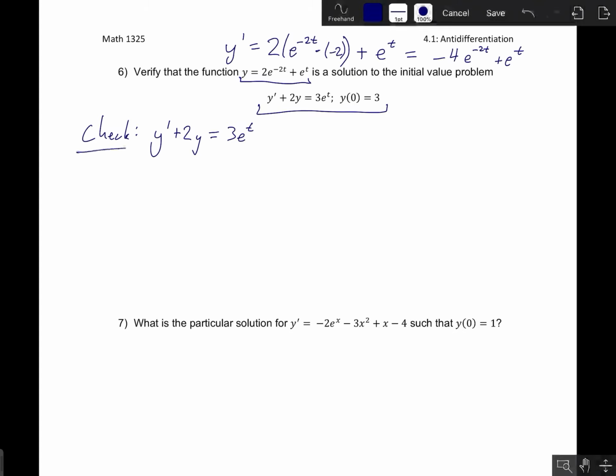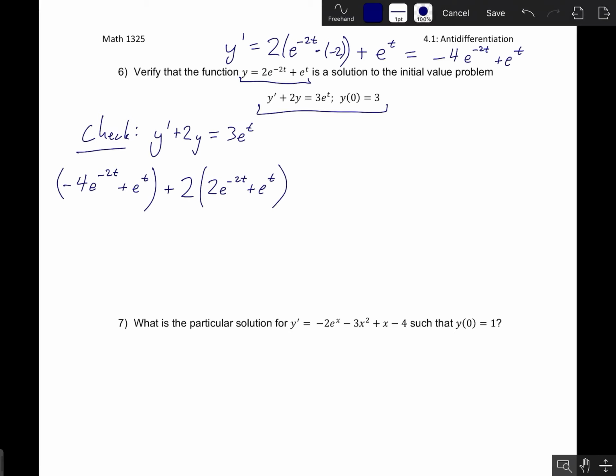Now we know y prime. Therefore, we can come back over and check by just plugging in y prime, which is negative 4e to the negative 2t plus e to the t. And then we're adding 2 times y, so that would be 2 times the quantity 2e to the negative 2t plus e to the t.